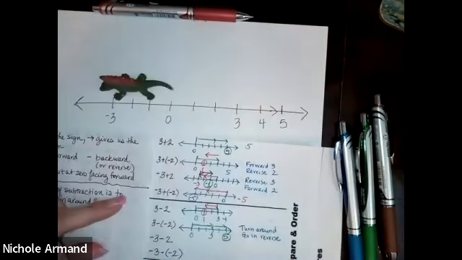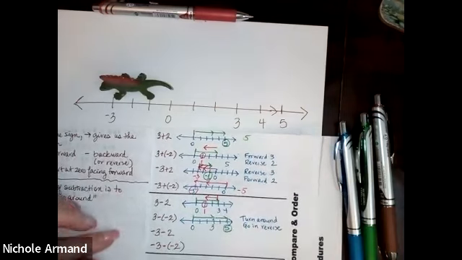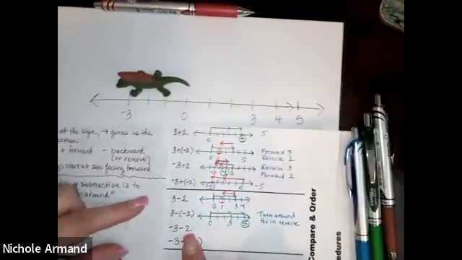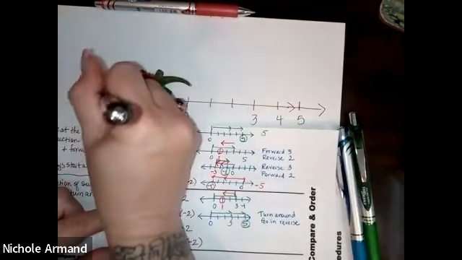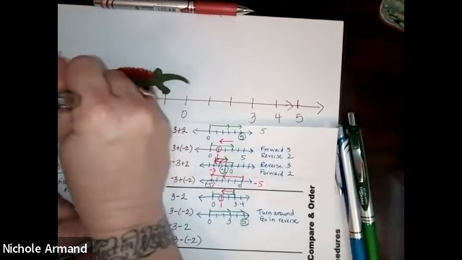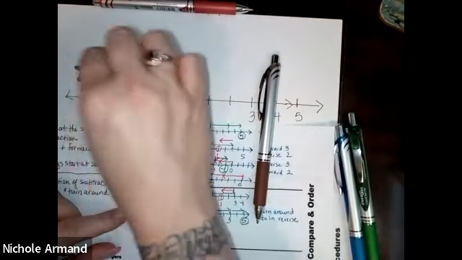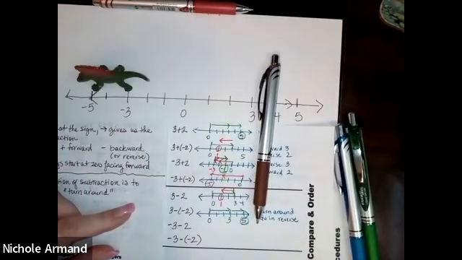So he's going to turn around, and he's at negative 3. And now he is going forward 2 units. The subtraction was the turnaround. The 2 is to go forward 2 units. So I need to draw in 2 more units for him to hop. 1, 2, and he ends up at negative 5.